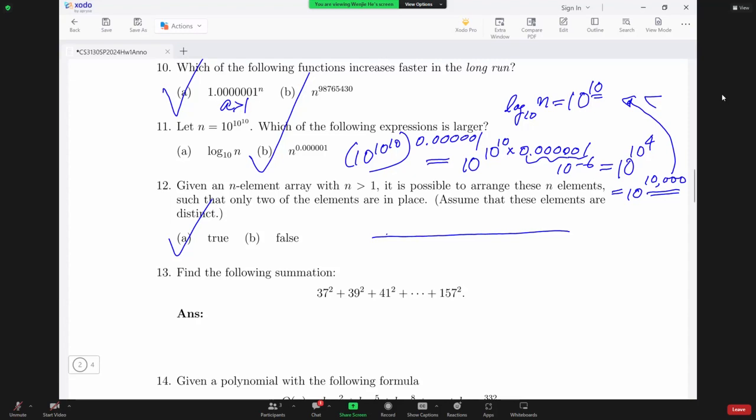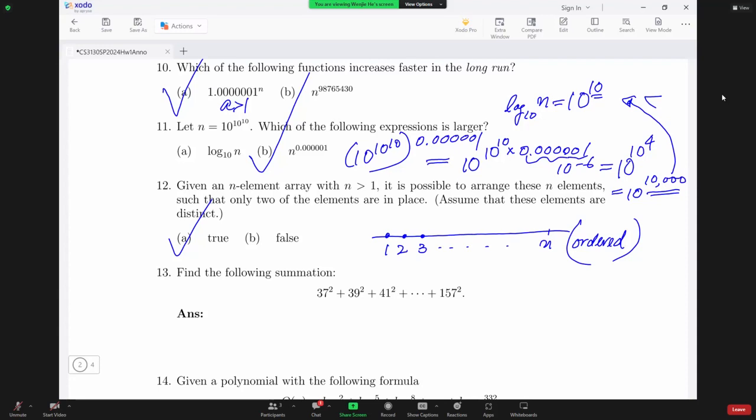When we start, we have 1, 2, 3, n elements. Let's assume when we start they are ordered.